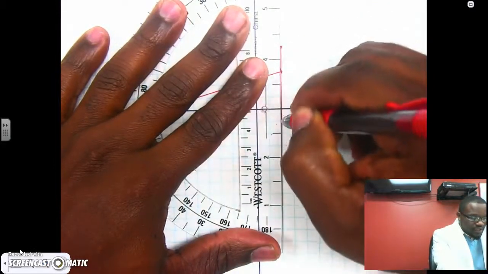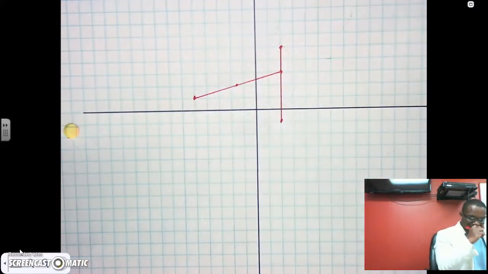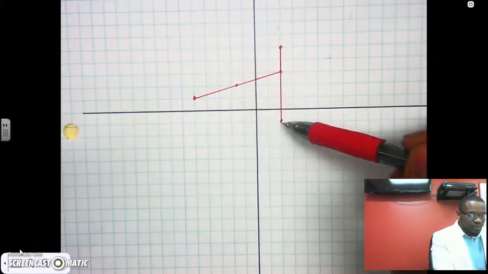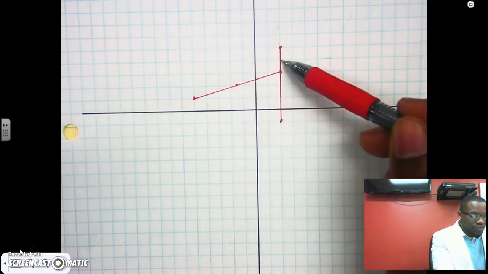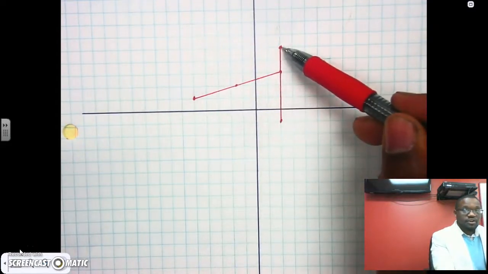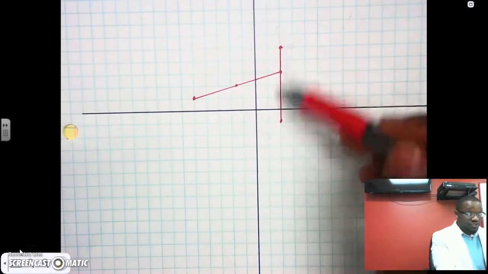Now notice that these 2 points are vertical. And we want to know the midpoint. So I can count 1, 2, 3, 4, 5, 6. So the length or the distance should be 6 units.